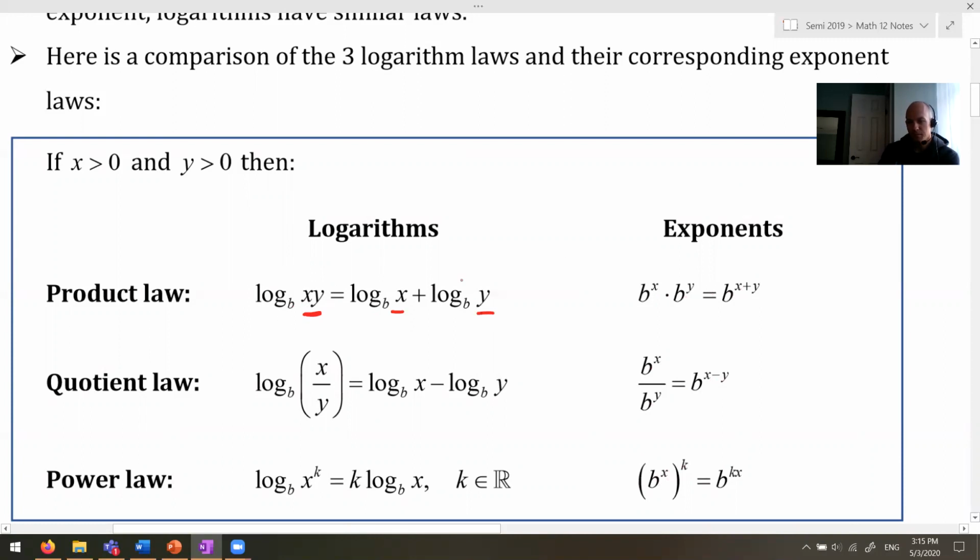y. So this is kind of similar in the sense that when you think about logarithms as exponents, we've got an x times a y on the left side here, which kind of corresponds with this, and then we've got an x plus a y on the right side, where we've got log x plus log y. So if we're saying logs are exponents, which is what they are, right?